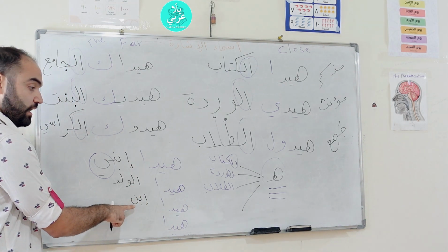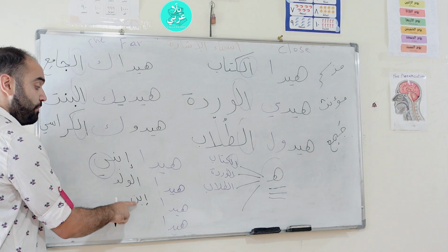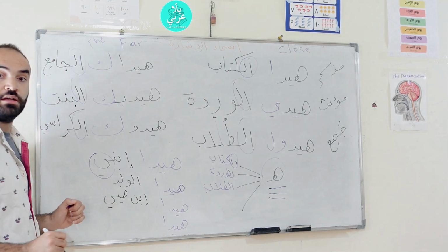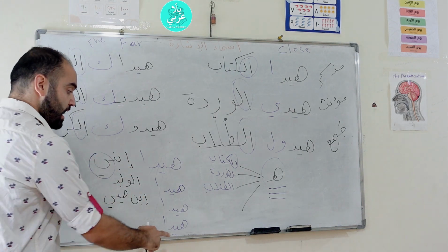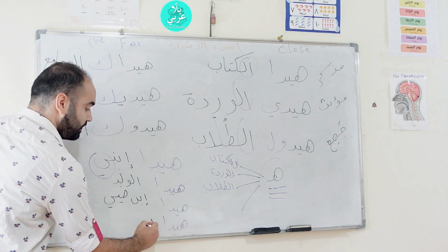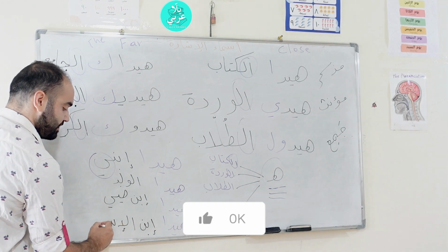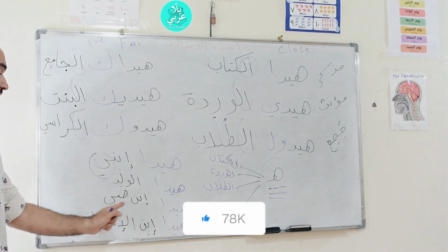Something like ابن أخي, the son of my brother, is still unknown, so we should make it known. هيدا ابن الأستاذ.